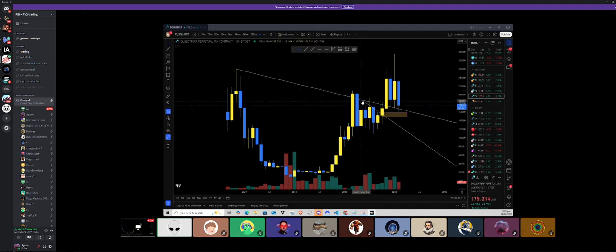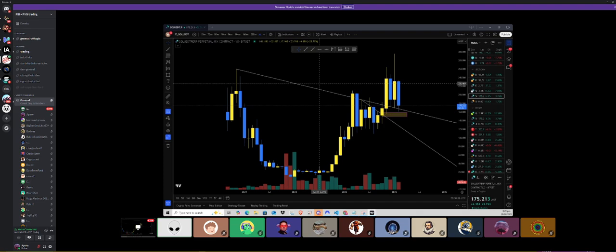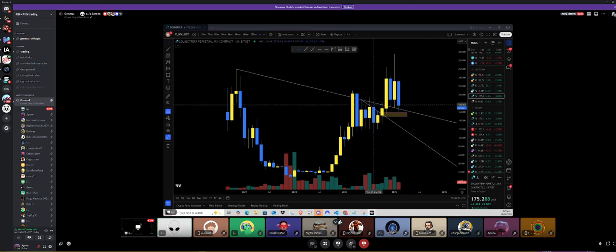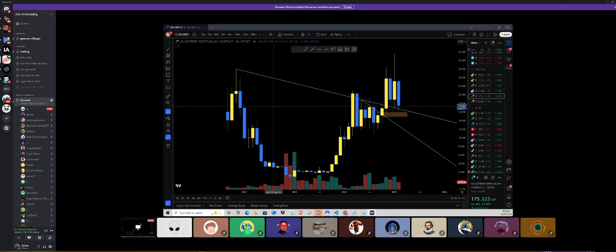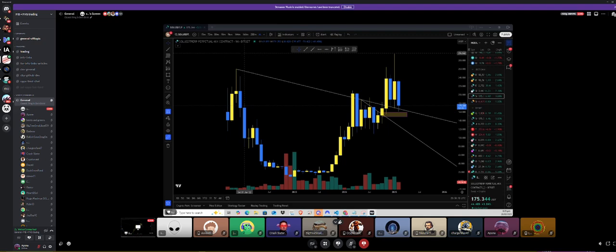So use a ray, not a trend line. I don't know why trend lines even exist on TradingView. You should use rays. And then, yeah, never move that. Just move that. Tin hat conspiracy: trend lines exist to fuck you up. Use rays.